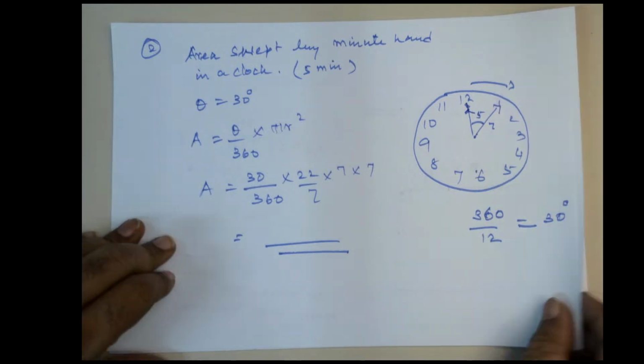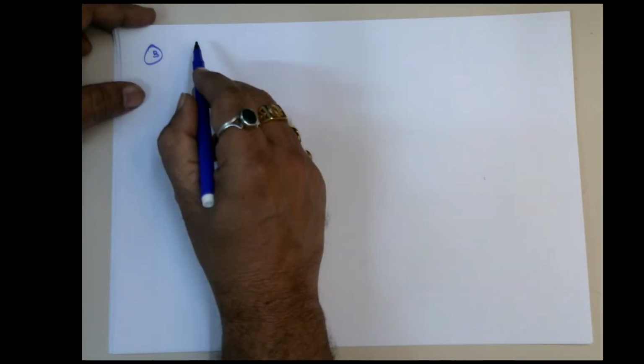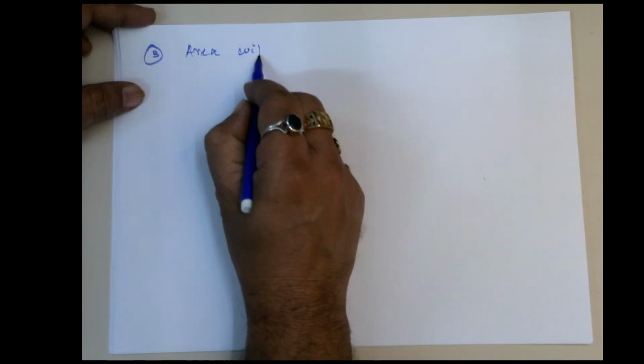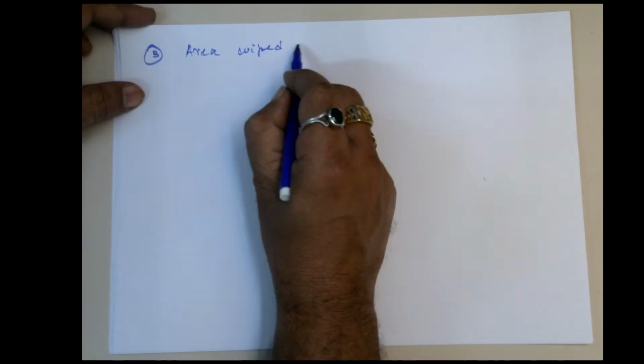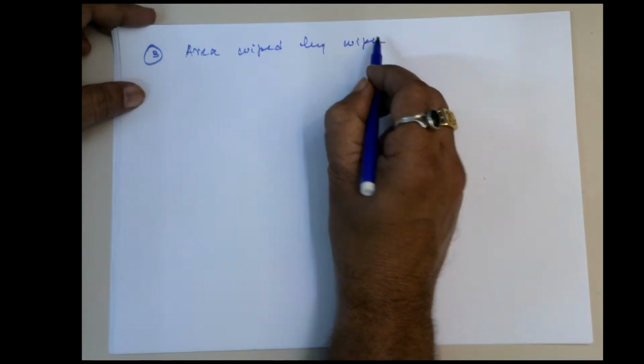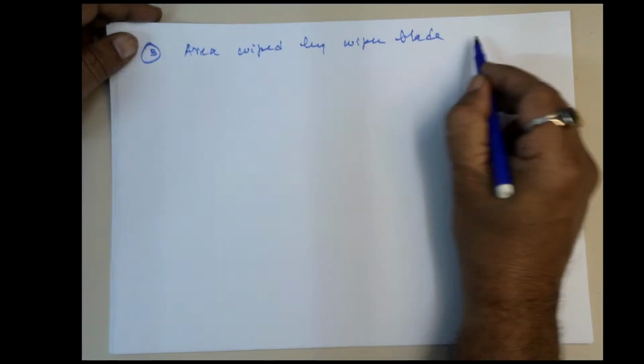Now there is another interesting sum asked in your textbook, and these are all available in the statement problems. Third question. What is the area wiped by the wiper blade of a car?